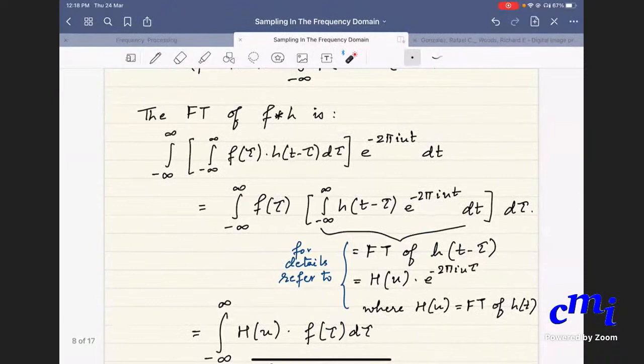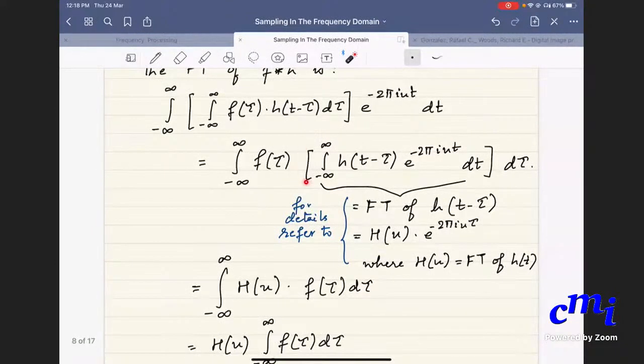Since these are continuous functions, you can do this rearrangement and change of variables: take the dt inside, pull out the d tau. Since tau is independent of t, I can pull it out here, and we have just rearranged the terms in this way.